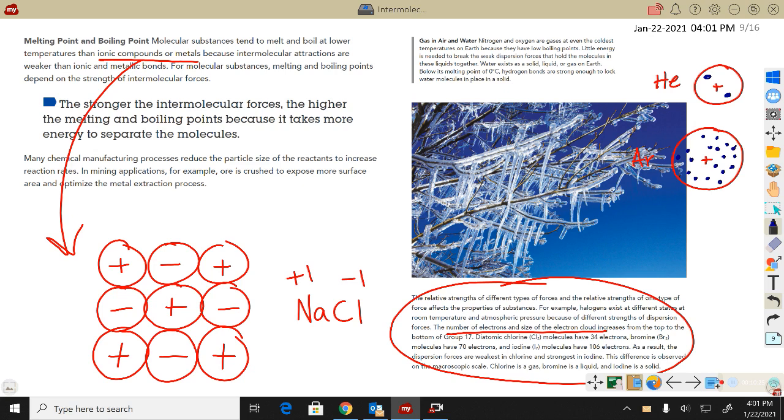There's my 18 electrons. Can you see that I tried to put more electrons over in this region right here? And I have less electrons over here.